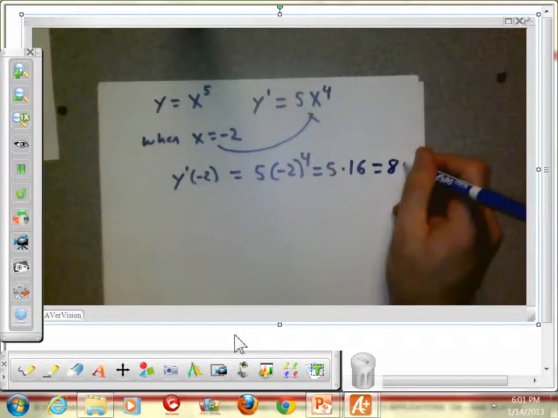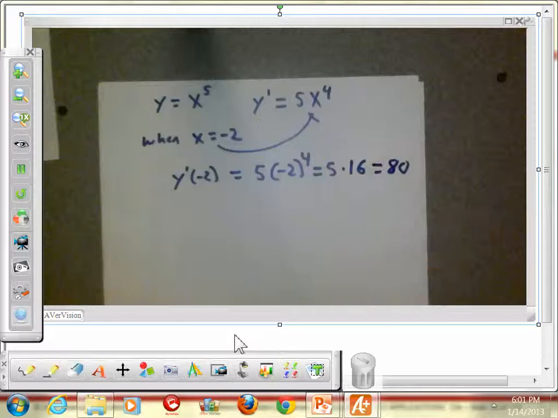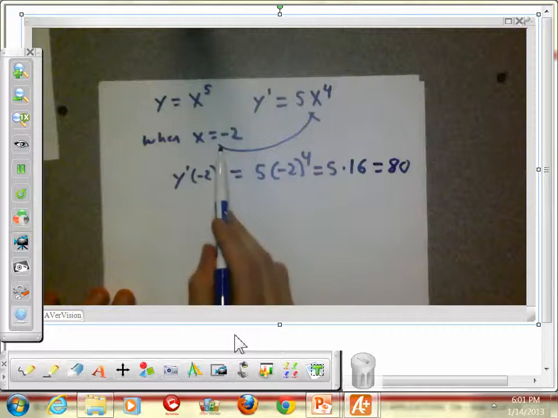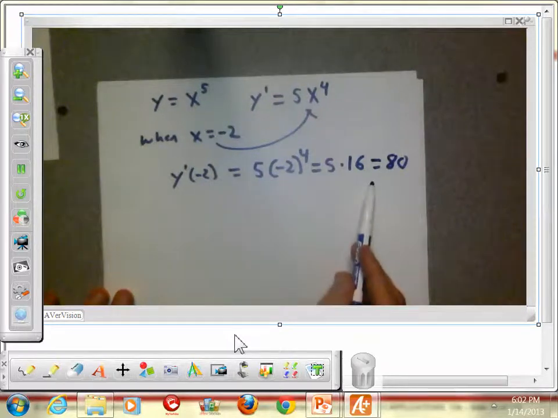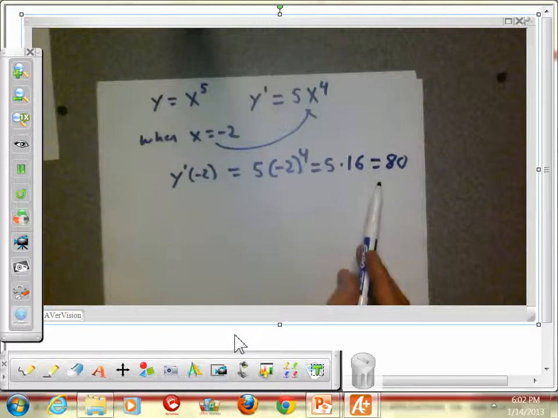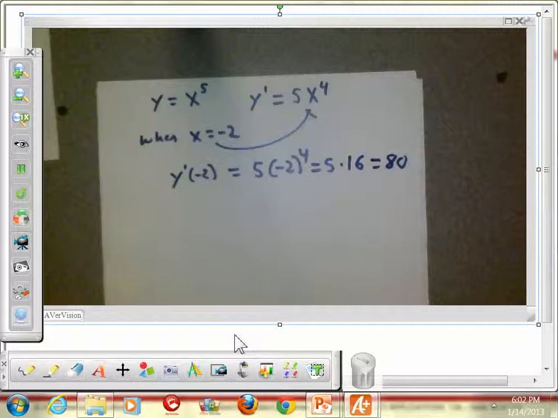Right? 5 times 10 is 50, 5 times 6 is 30, add them, you get 80. Right? Okay, so when x is equal to negative 2, the function is changing at a rate of 80. 80 what? Well, it could be feet per second, dollars per hour, something. All right? This tells you how fast the curve is changing at a particular value of x.